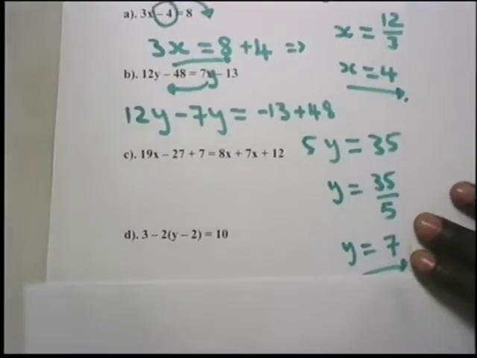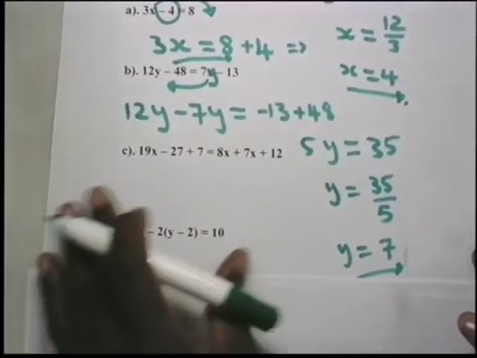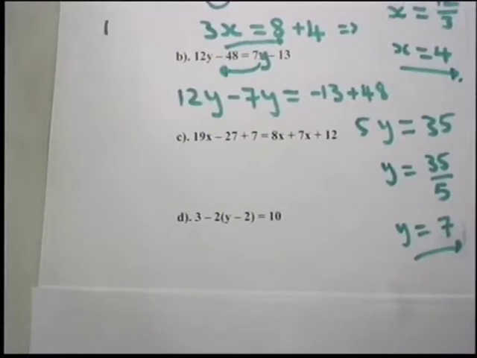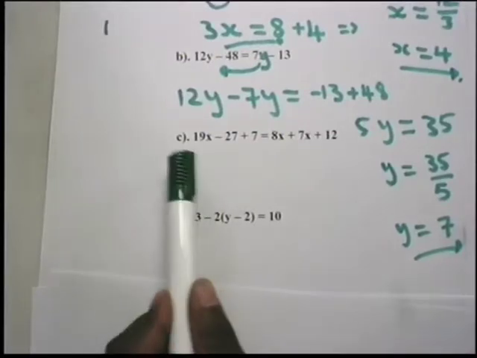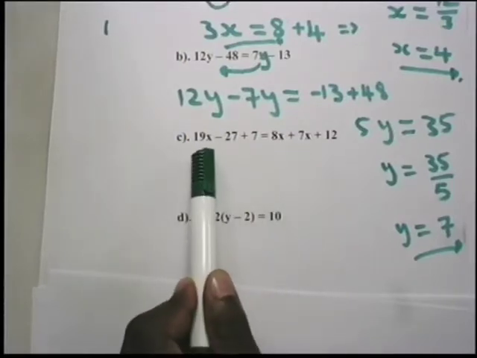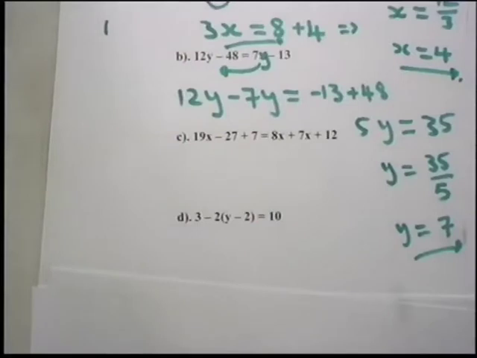Now, in this case, I would want you to practice and try to put what you picked up from the two examples into answering C, which is 19x minus 27 plus 7 equal to 8x plus 7x plus 12. What is the solution that would make the two statements equal?